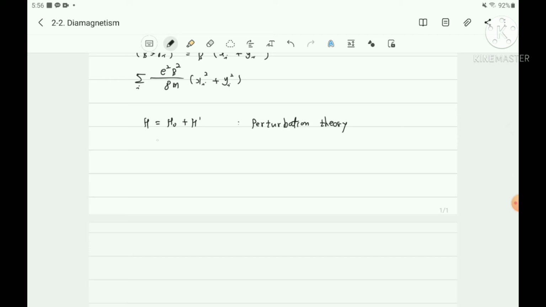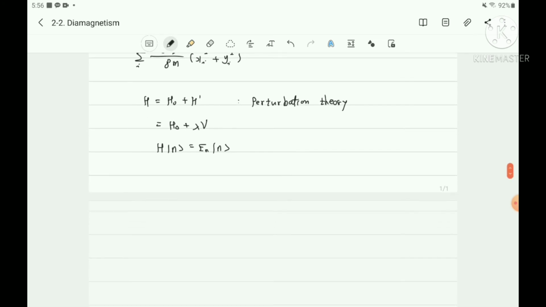Let's denote H0 plus lambda V, where lambda is a parameter for the small Hamiltonian and V is the small interaction. From the Schrödinger equation, the eigenvalue problem is H|n> equals E_n|n>, where n is a state and E_n is the eigenvalue of the problem.